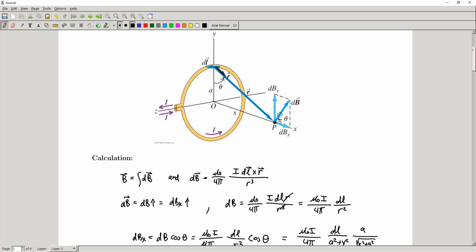Well, if we tried to write out dl, we can see that dl is kind of going to go around the circle. So dl would end up being some combination of stuff pointing in the j hat direction plus stuff pointing in the k hat direction, and there'd have to be some dy in there, and there'd have to be some dz in there, and then you would have to worry about where on the circle you were.